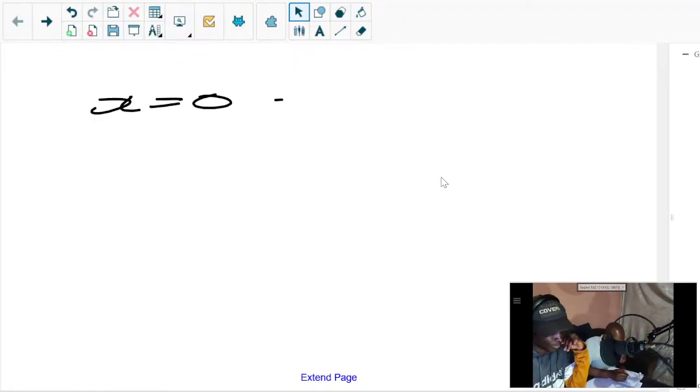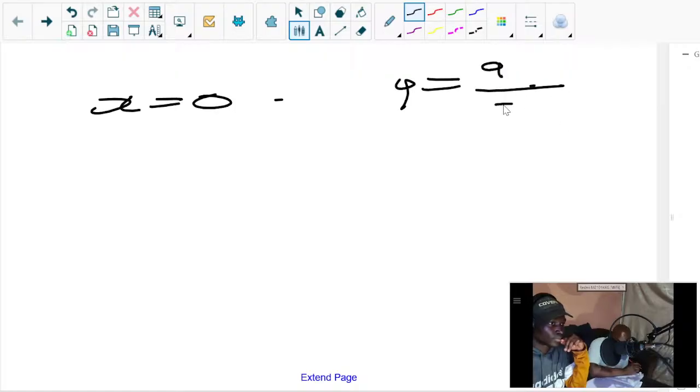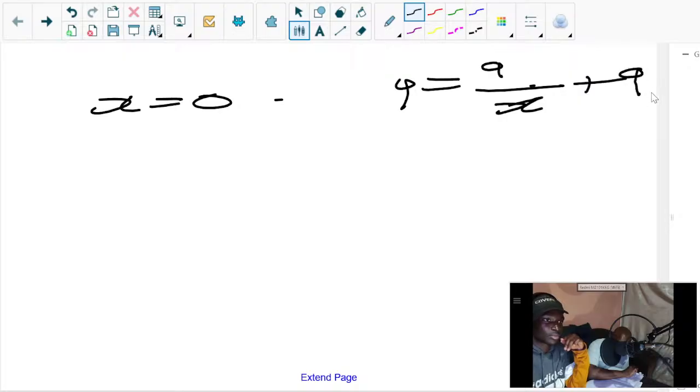Next, we're going to talk about y. Now, y is whatever the value of q is and its sign. Remember, we said this can be defined as y is equivalent to a all over x plus q. Still remember that? So you check the q, whatever the q value is and its sign, that's going to be your asymptote. So now if you compare, which one seems to be q here?